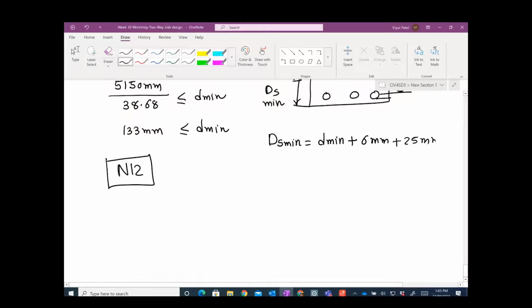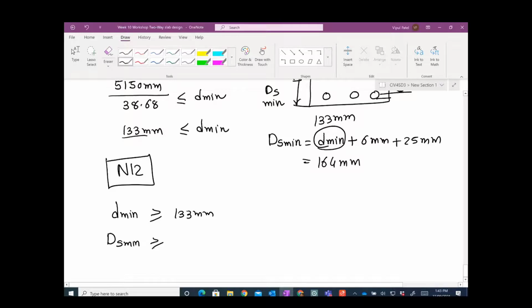So this D minimum that we're going to use is 133 millimeters. If I just add 133 plus 6 plus 25, you get 164 millimeters. So I can say that D minimum should be greater than or equal to 133 millimeters, or DS overall minimum would be greater than or equal to 164 millimeters. Now our assumption is DS equal to 170 millimeters.